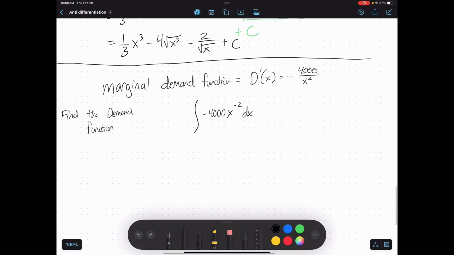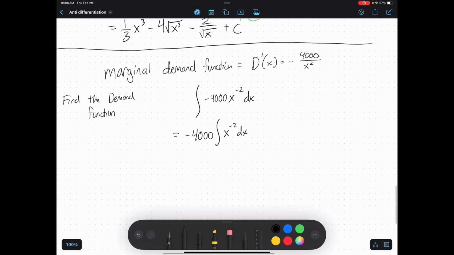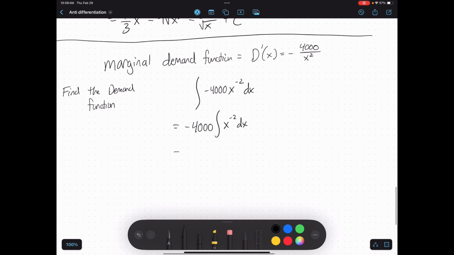So I have a constant in front. That constant is not going to affect my antiderivative, so I can move it outside of the integral sign, my notation there. And then x to the negative 2, I can just use the power rule on. I'm left with negative 4,000 times, I'm going to add 1 to the exponent and divide by that value.